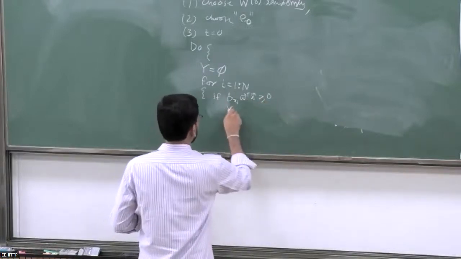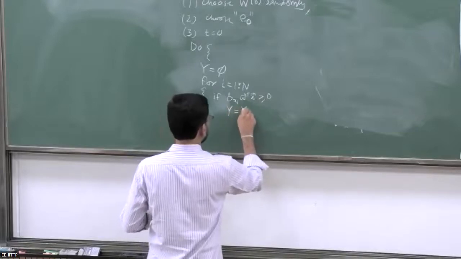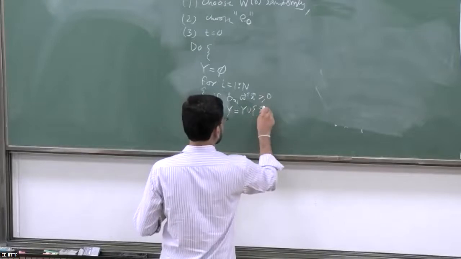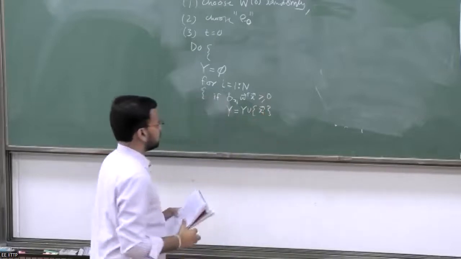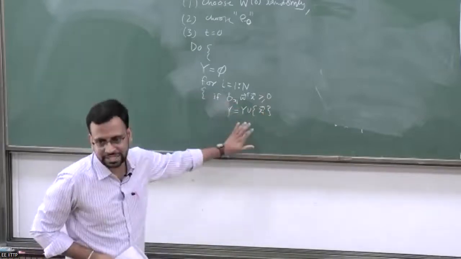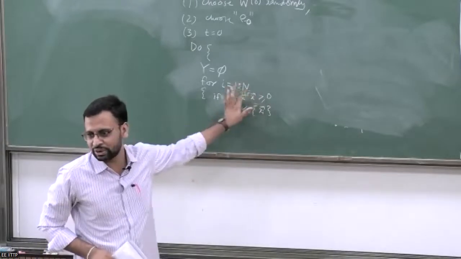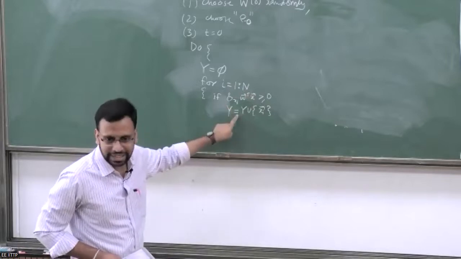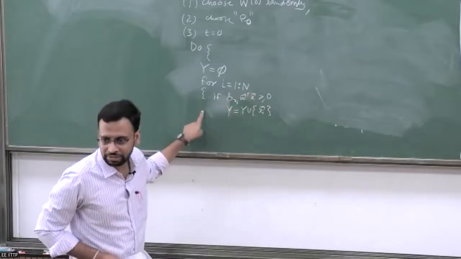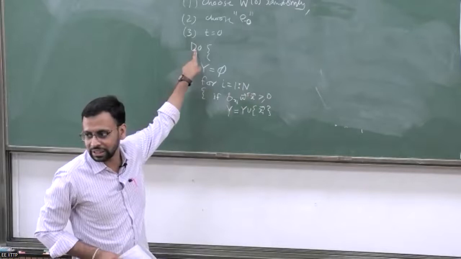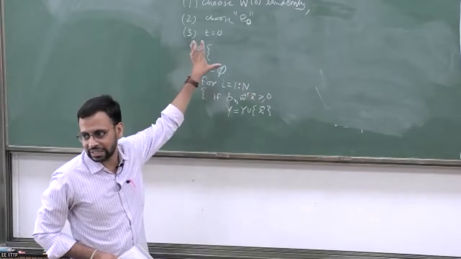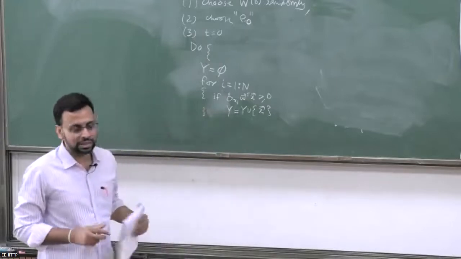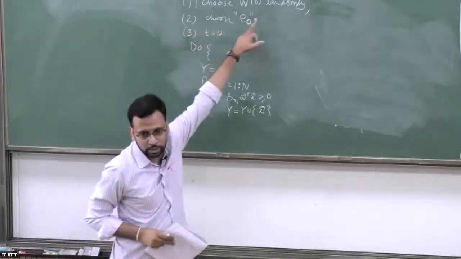Then I do Y equal to Y union xi bar. So basically you look if it is misclassified. Don't worry, you can decode it later, otherwise I need to spend time on that. So if it is misclassified, add it to the set Y, which you started initially with a null set. You keep adding them, and then find out Y for a given w bar.